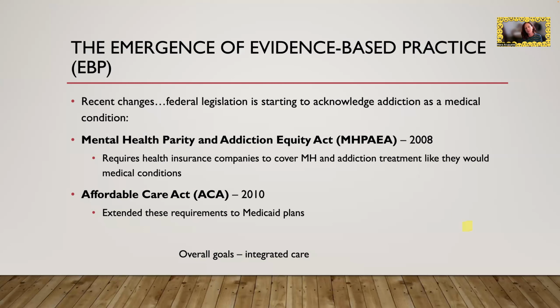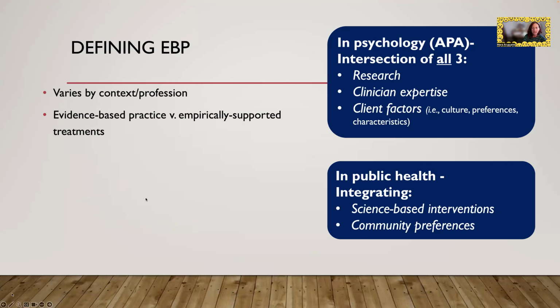And so under the 2010 Affordable Care Act, that forced them to cover addiction treatment. It forced them to cover smoking cessation programs and things like that. The overall goal of these is that we would get some integrated care, that we wouldn't have addiction care over here and physical health care over here and mental health care over here, that we would be able to integrate some of this and pay for it similarly.